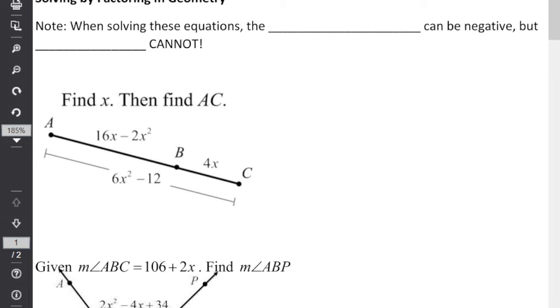The solving equations stuff is not new either. We've been doing it this entire past week. So we're just taking the algebra skills we've been working on over the past week and putting them into some of the geometry ideas that you should already be familiar with.